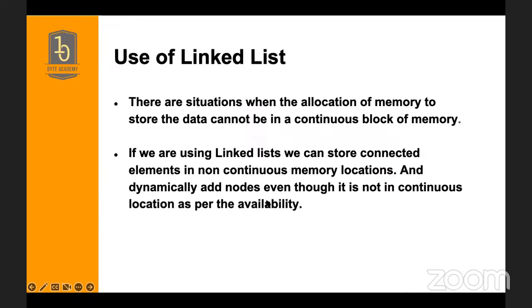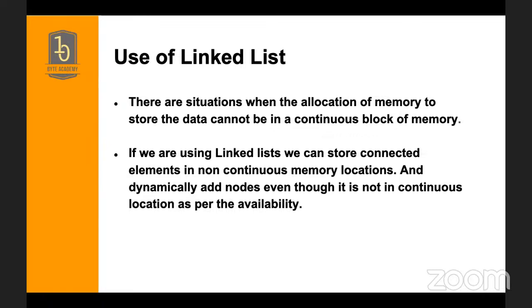Before going to the implementation of a linked list in Python, we'll see the basic logic on our whiteboard again. Let's see what the use of a linked list is. There are situations when the allocation of memory to store data cannot be in a continuous block. Sometimes a continuous block of memory is not available.